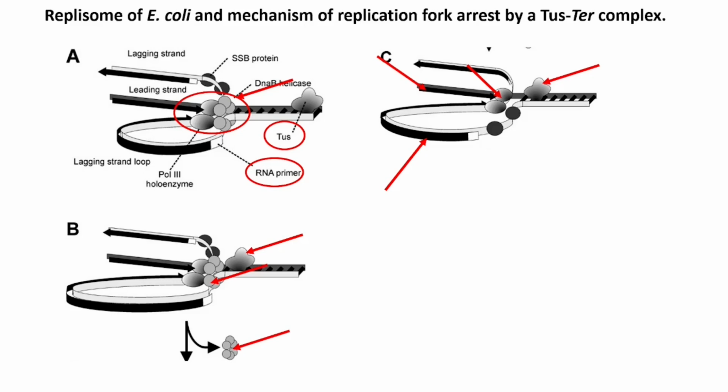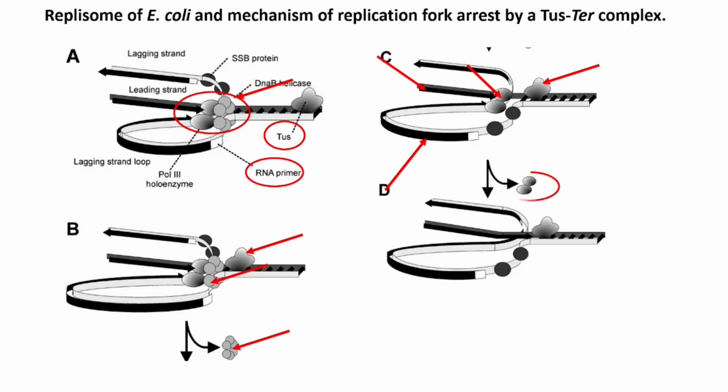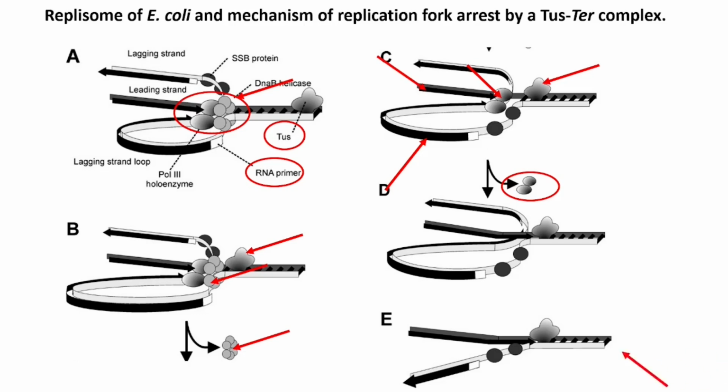We have seen it in the previous lectures. The holoenzyme then dissociates, leaving a Y-forked structure that is single-stranded on the lagging strand near the TUS-TER complex.